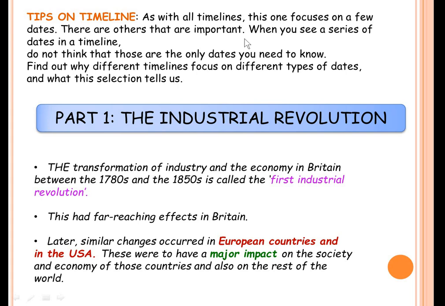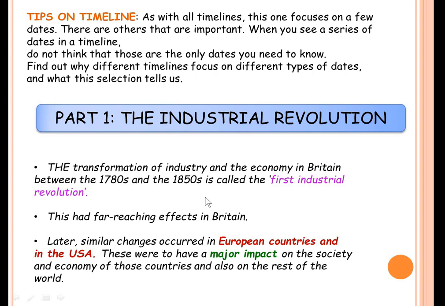There was a huge transformation, and the economy in Britain underwent this transformation especially between the 1780s and the 1850s, known as the first Industrial Revolution, the first phase. It had a far-reaching effect in Britain.